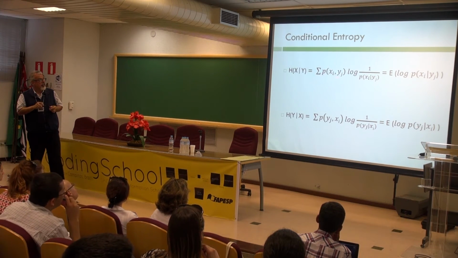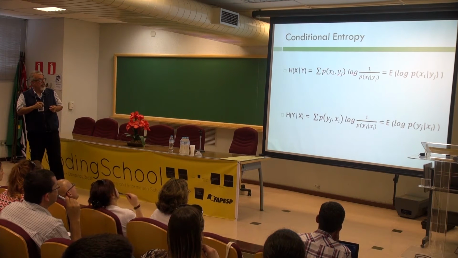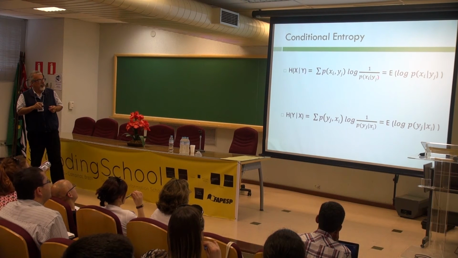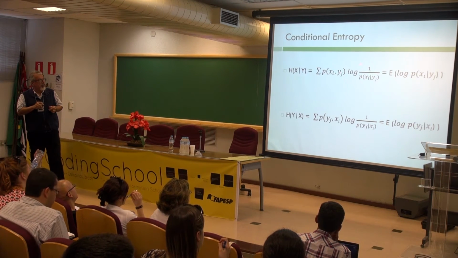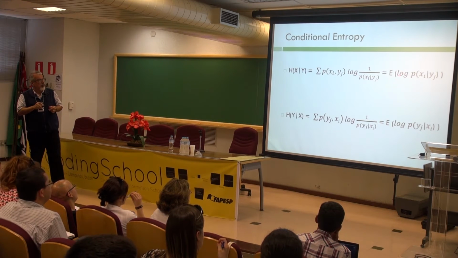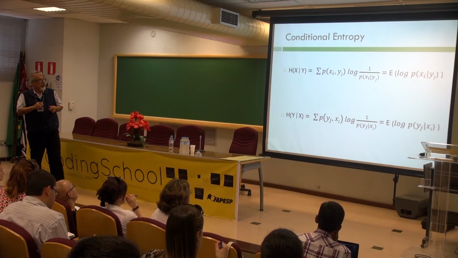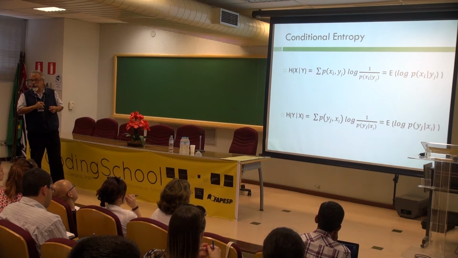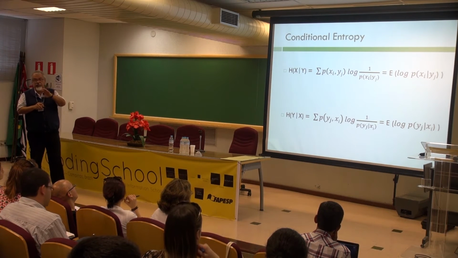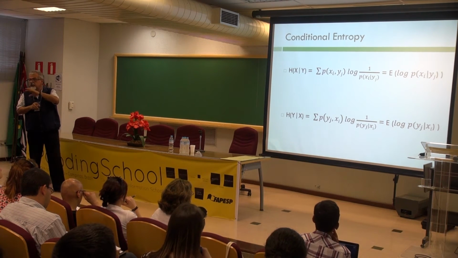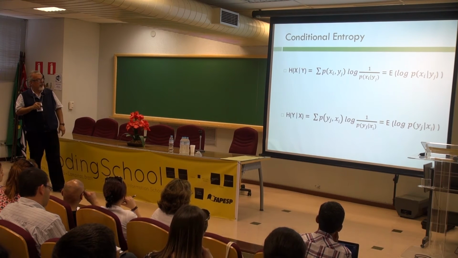Notice that this is the joint distribution here, and I'm taking the log of 1 over the conditional here. So the condition doesn't go on this side. It goes only over here, because I'm taking the expected value of log of the conditional. But to do that, I need to have the joint here. Okay, so this is something that in tests people sometimes make mistakes and so forth. One has to be a little bit careful about this.